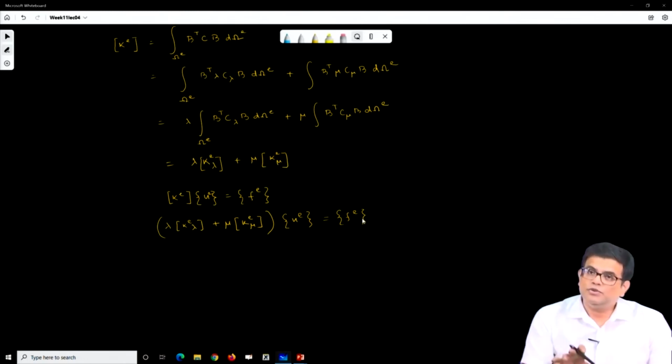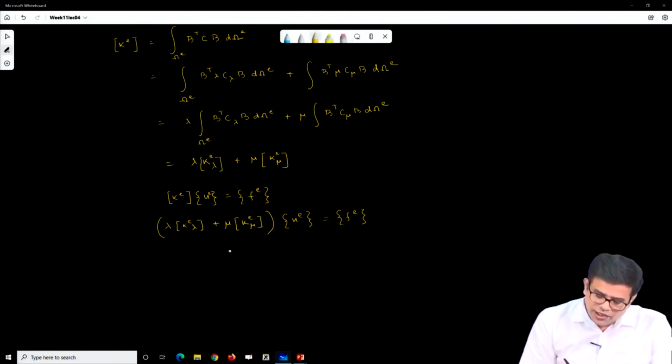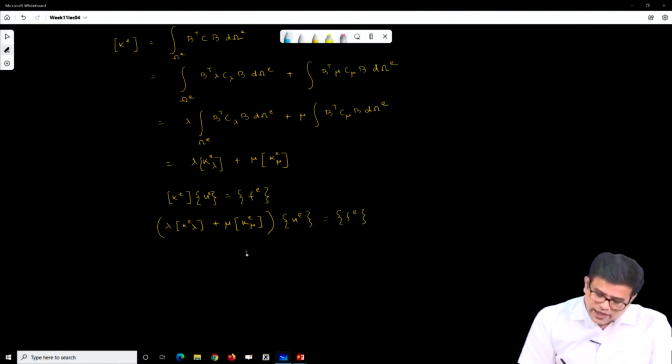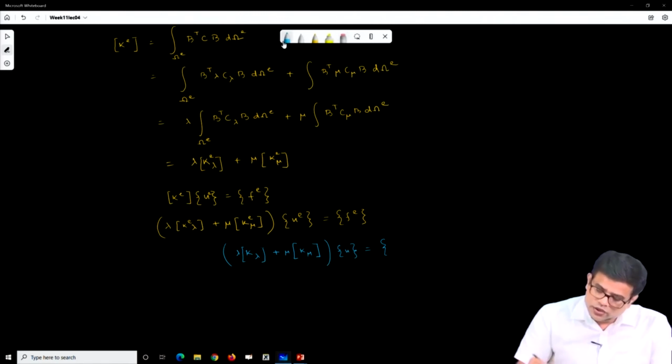This splitting is possible for the global stiffness matrix as well. So for the global stiffness matrix, I will remove the element term, and the global equilibrium is lambda into global K lambda plus mu into K mu, into my nodal displacement vector, which is unknown, equals the global force vector. Let us call this F.